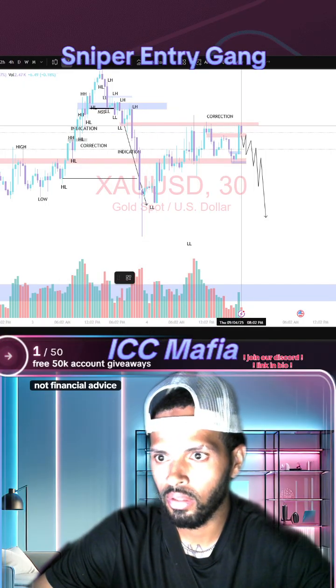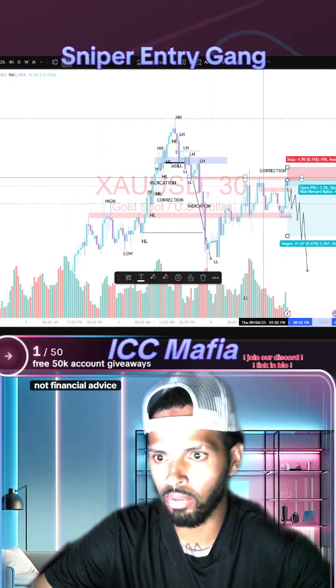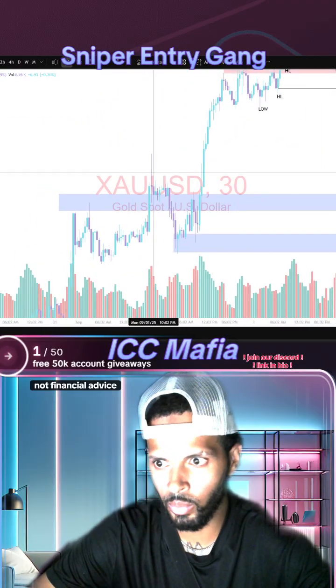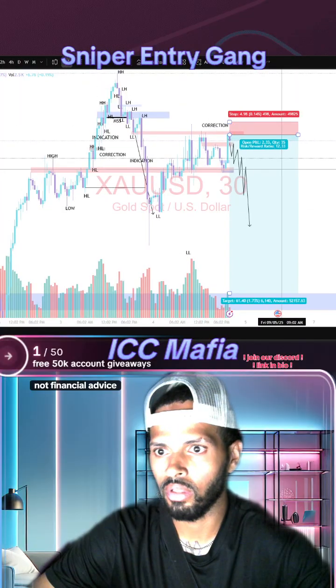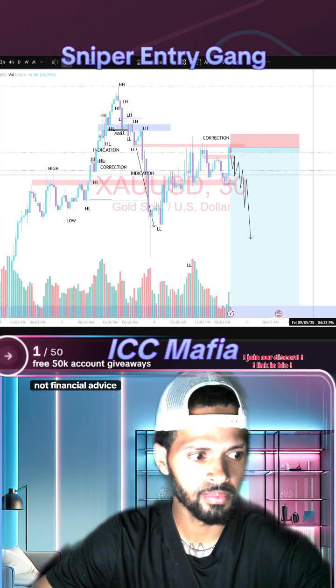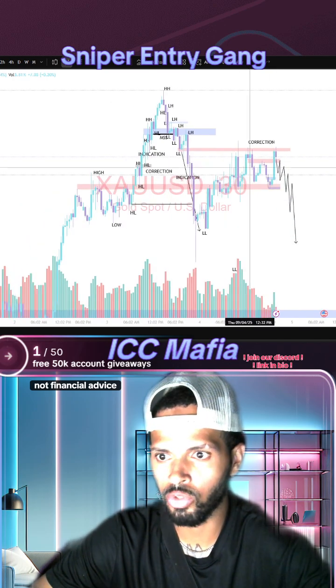As you can see, we're getting pushed right now, but you put your stop loss at the highs. We target the next level liquidity. Where's the next level liquidity? Right here. A 12R, that is what I'm looking for. That is why we wait for price to retrace to a level.